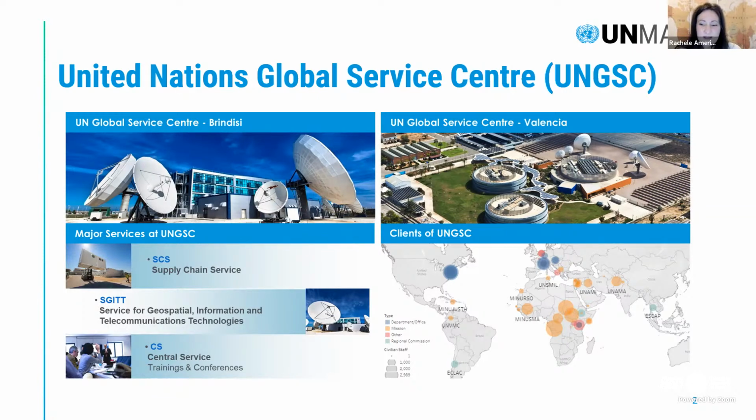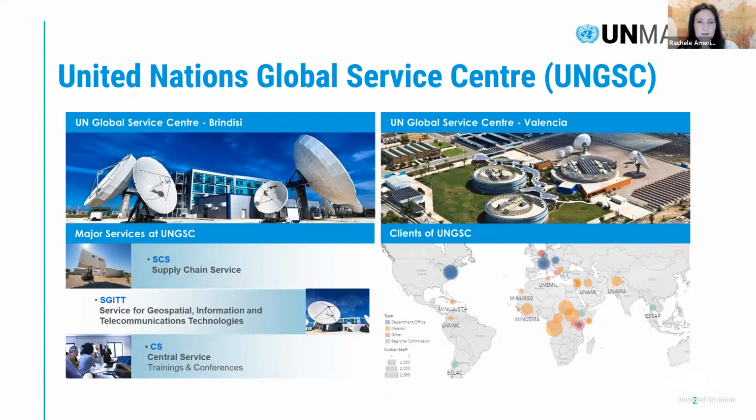So I am a GIS, which stands for Geographic Information Systems, consultant at the UNGSC. The UNGSC is the United Nations Global Service Center, which is based in 2 cities in Europe, in Brindisi, here in Italy, and in Valencia, in Spain.